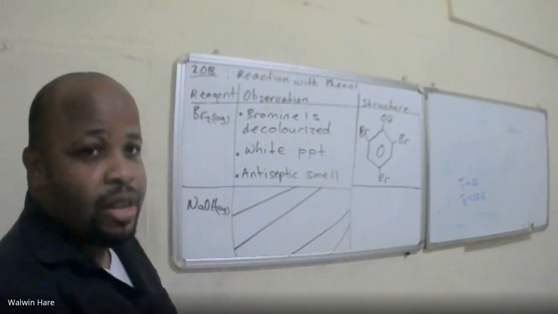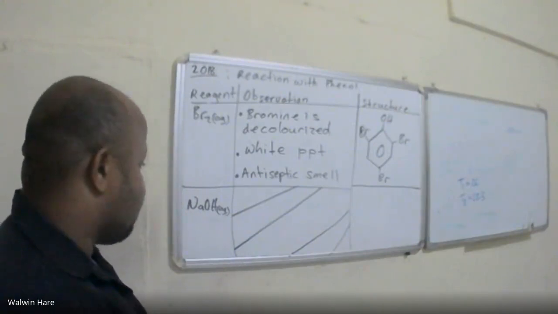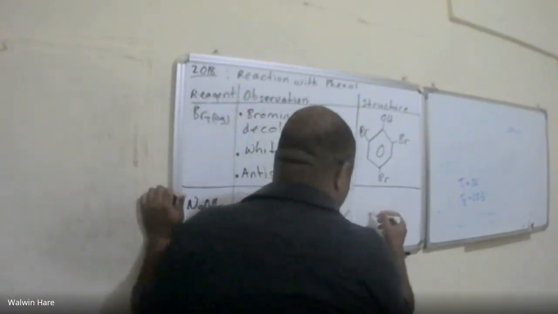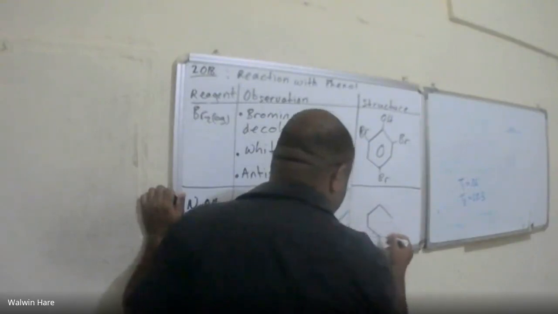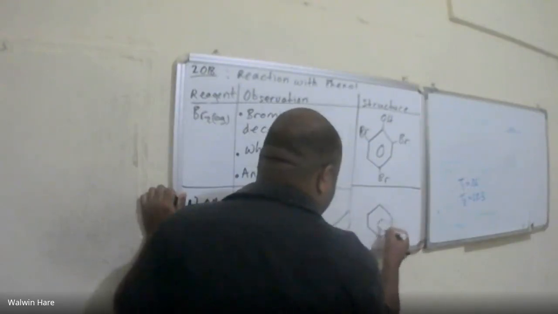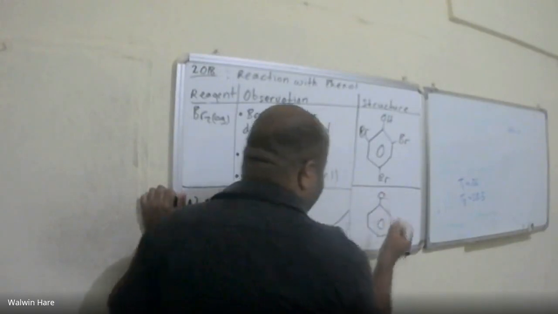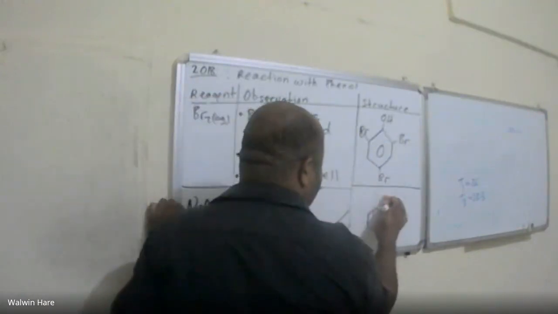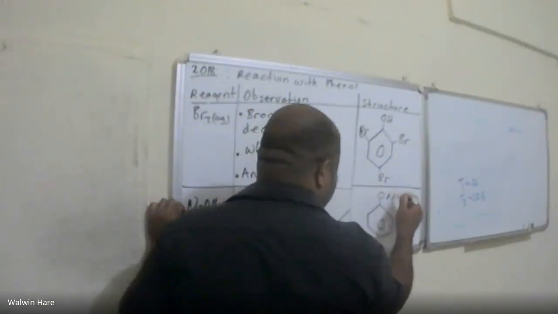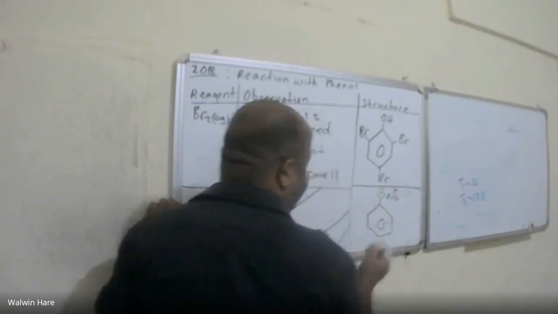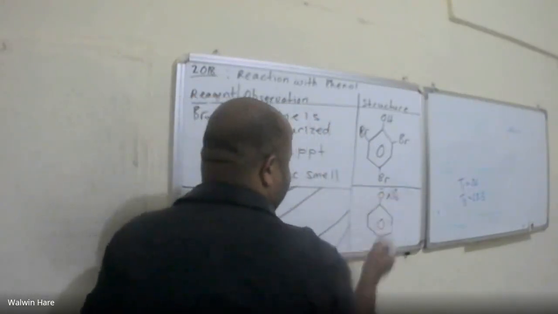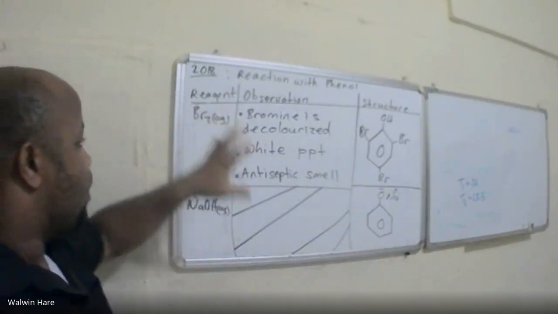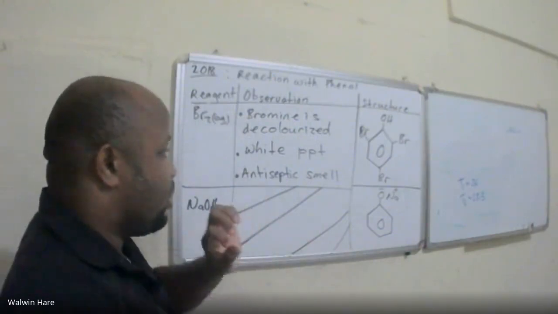Whether it's sodium metal, a reactive metal like sodium, or the base, sodium hydroxide, it will react. The hydrogen in the phenol will be replaced with sodium, and so you get sodium phenoxide. So this is what happens when phenol reacts with sodium hydroxide.